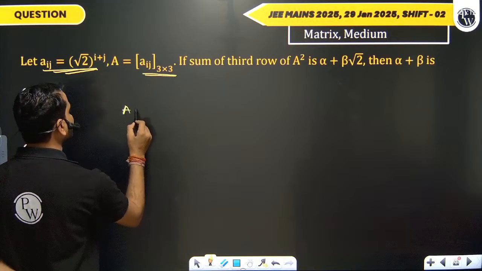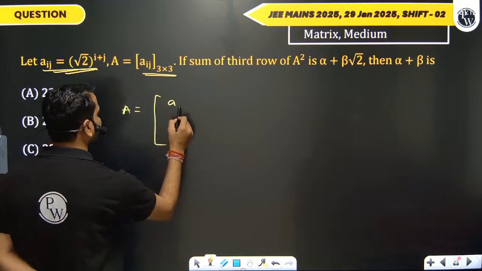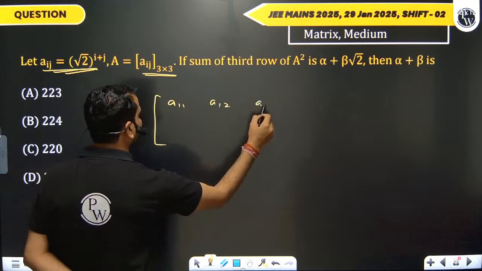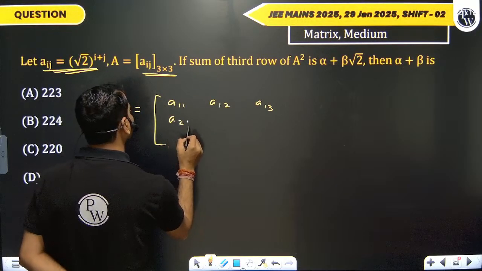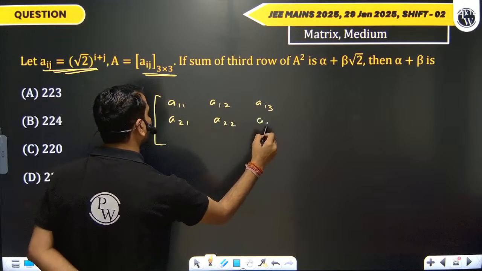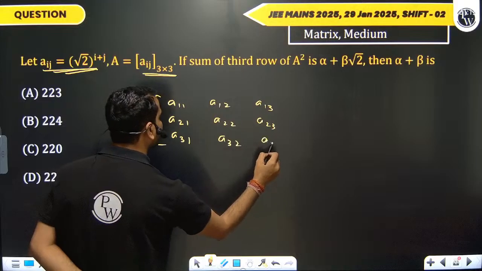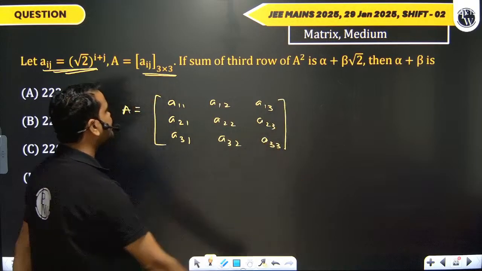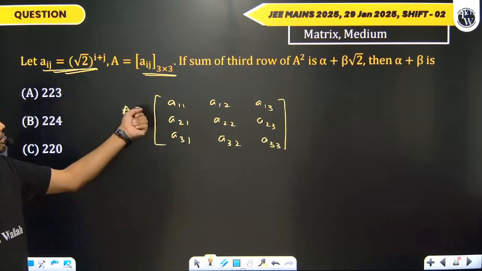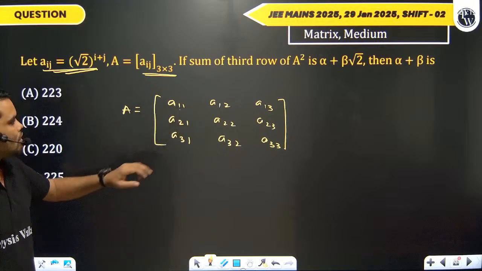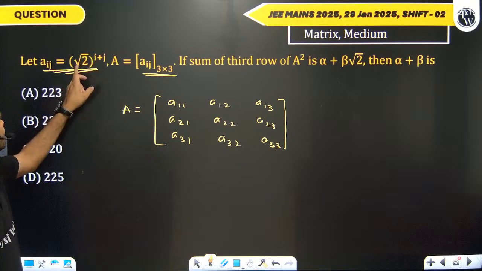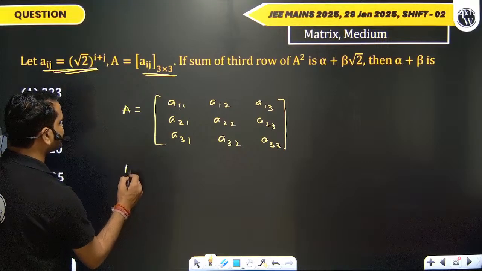So any 3 cross 3 matrix will be A11, A12, A13, and then A21, A22, A23, A31, A32, and A33. Okay, this is your matrix, right? This is your I, this is your J. So obviously when you put root 2 to the power of I plus J, what is A going to come?